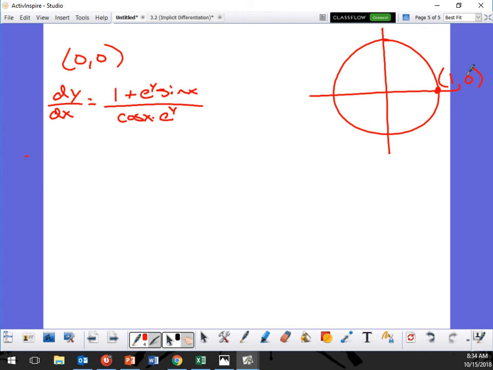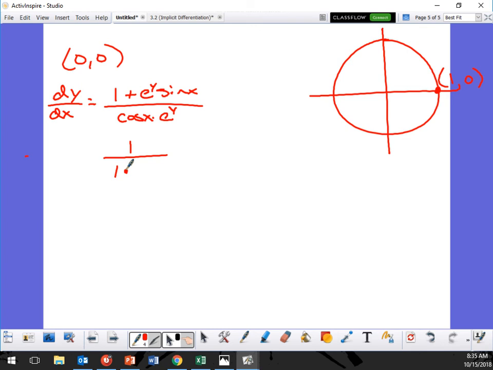So now anything times 0 is 0. So this is just going to leave me 1 on top. Now, what is cosine at 0? 1. It's 1, right? So it's going to be 1 times, now, right here, e to the y. What is the y value here again? 0.